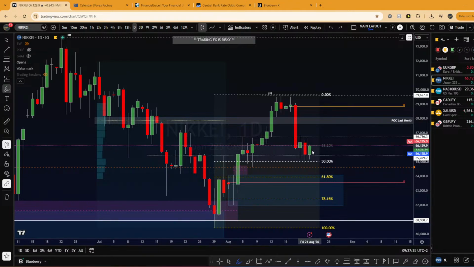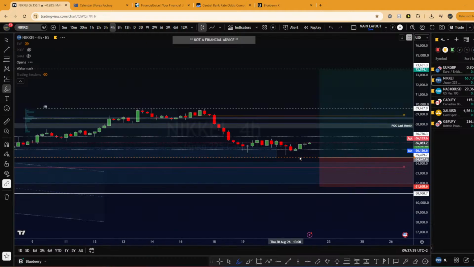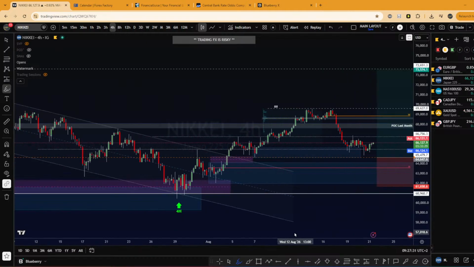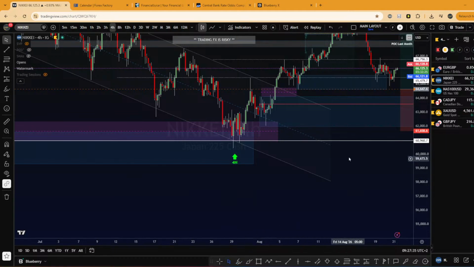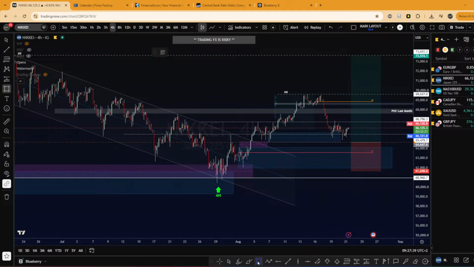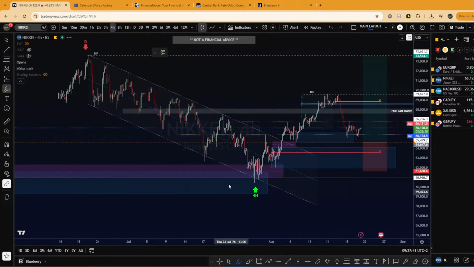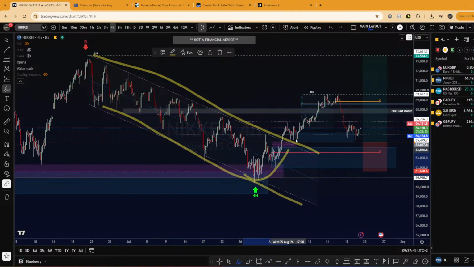Okay, so let's go down to the 4 hour. So on 4 hour, as I said, in the past we see how we break out of this channel. You see, perfect breakout. Now we just want to see a retest and then a continuation, a new impulse.